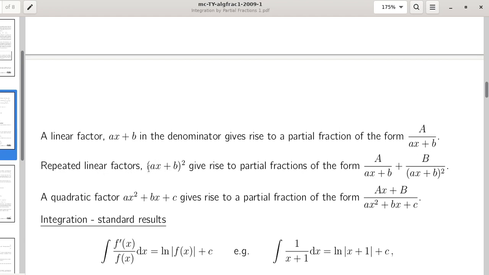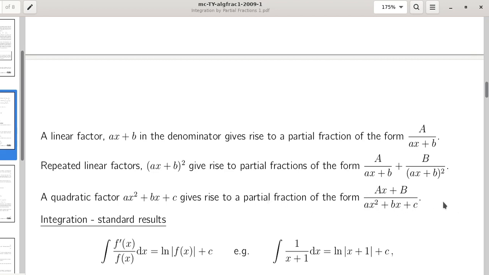Other types, like repeated linear factors, ax plus b squared, give rise to a partial fraction form a over ax plus b, plus another over ax plus b squared. Then a quadratic factor, ax squared plus bx plus c, assuming that it is not factorable, will give rise to the form ax plus b over ax squared plus bx plus c.